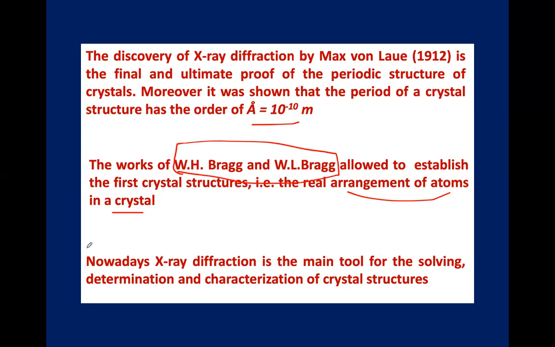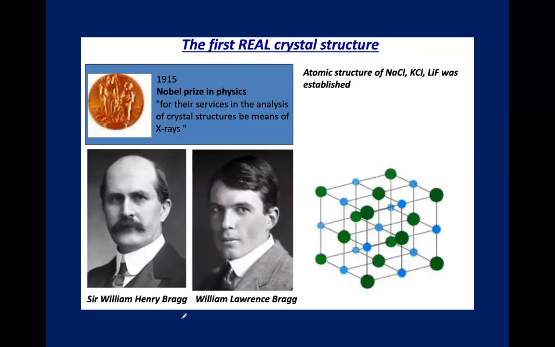So that's why nowadays we use X-ray diffraction for identifying structures in materials, right? Especially to characterize crystal structures, right? These are the two scientists who invented that pattern, right?